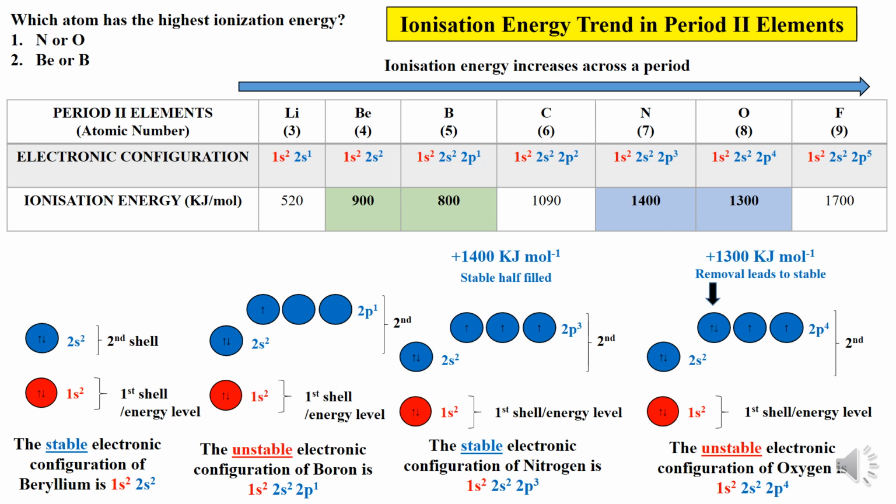And remember the key point I mentioned before: partially filled orbitals will always be unstable as compared to half filled and fully filled orbitals. So beryllium has a stable electronic configuration with a filled shell.